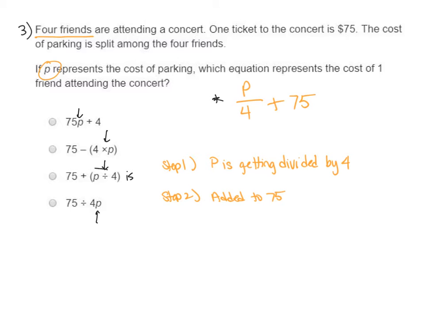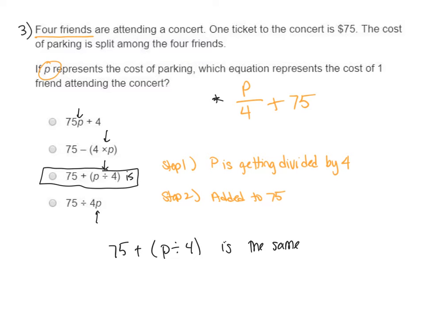So the only one where p is actually getting divided by 4 is that expression selected. So write down that expression, 75 plus p divided by 4 is the same as p divided by 4 plus 75. Once you get that written down on your paper, move on to the next question.